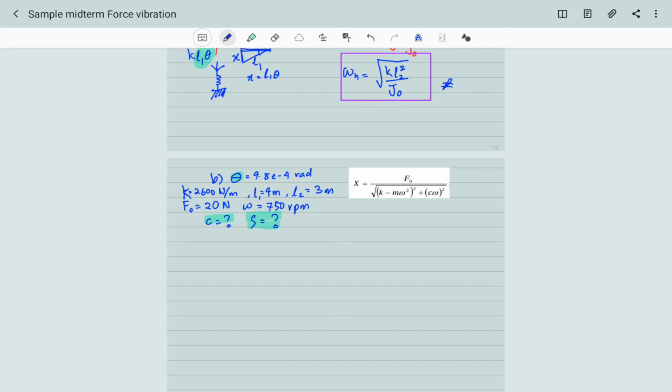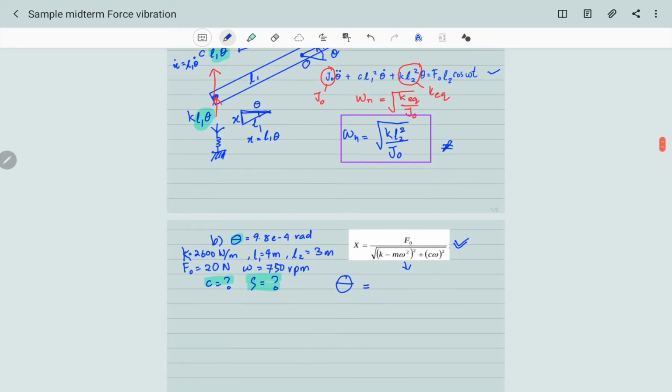If you look at your list of equations, I already included it here. Under harmonically excited vibration, this is a linear system, and as I said, you need to convert it into the torsional system. So your capital X becomes capital theta, and F naught is basically your moment.